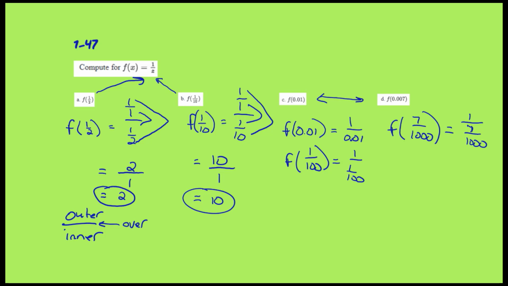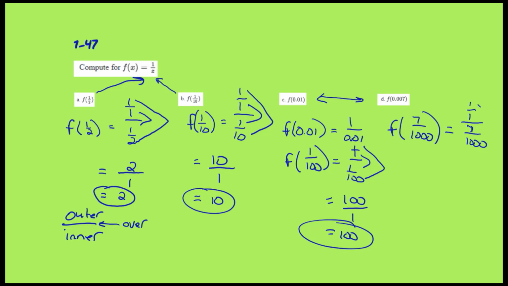Okay, I'm back. Hopefully you paused it. If you didn't, you didn't. So again, I turned this into a fraction. I didn't give myself a whole lot of room. So my outer over my inner, which is 1 times 1. This one also, I'm going to put it over 1.